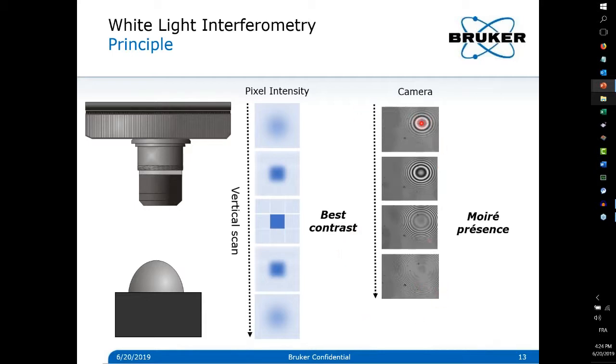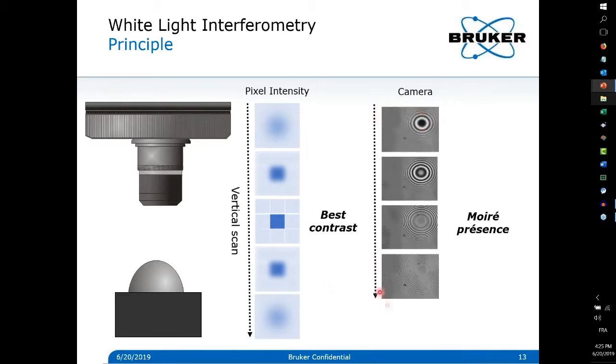Regarding white light, we use an interferometric objective which projects fringes, and these fringes are very finely defined in vertical space, around plus or minus 0.5 micron. So whenever there is a scan, the system records the Z height for every pixel at which the fringes are present. So, a pretty easy technique.